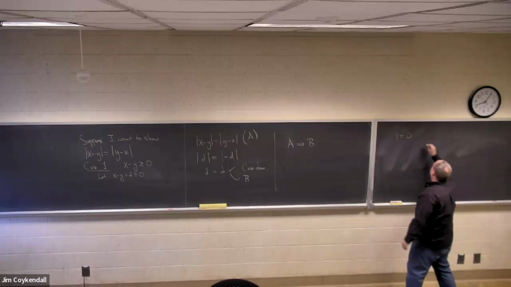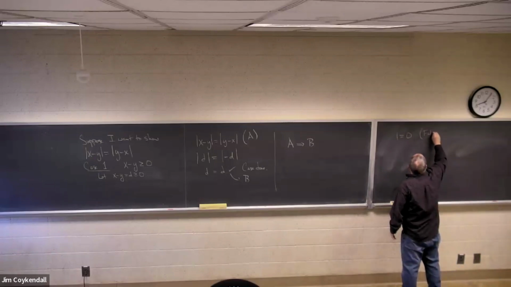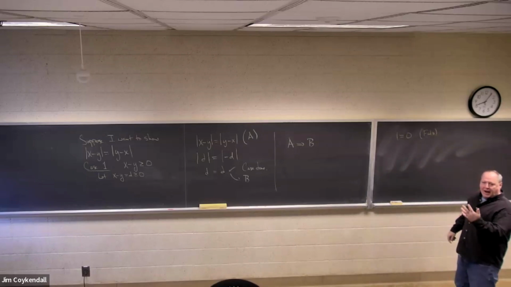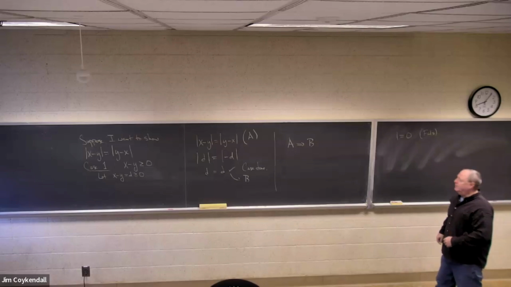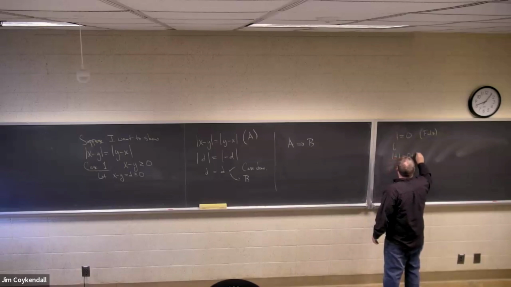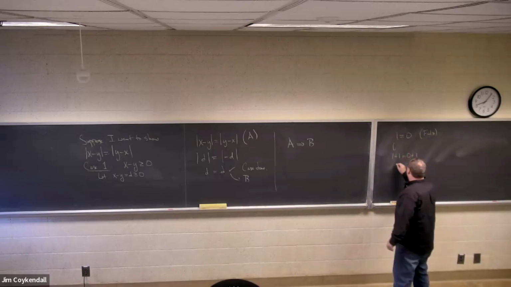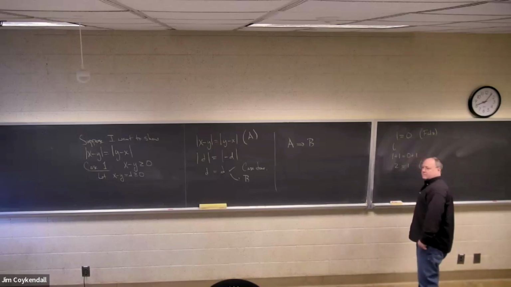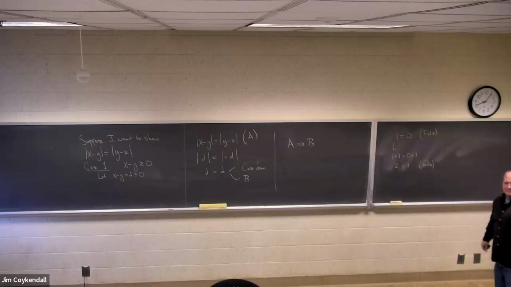This is false. Now, I bet I can derive something false from this. Watch this. I'm going to add one to both sides. No surprises there. I started with something false, I got garbage out, right?